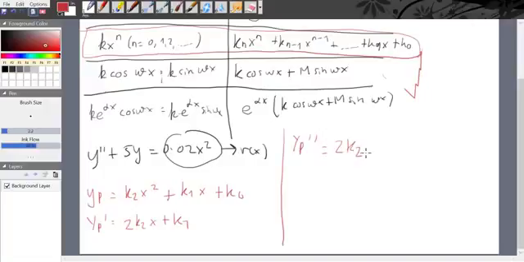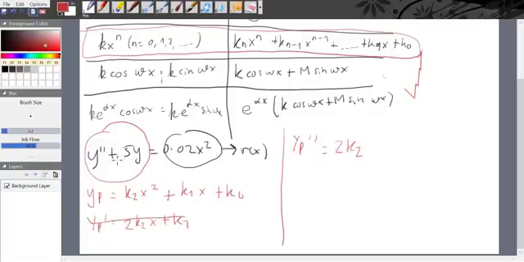So looking back to the question over here, this requires y double prime plus 5y, so we're going to substitute y double prime with yp double prime, and we're going to substitute y with yp. Since it doesn't have y single prime, we don't actually need this part over here.